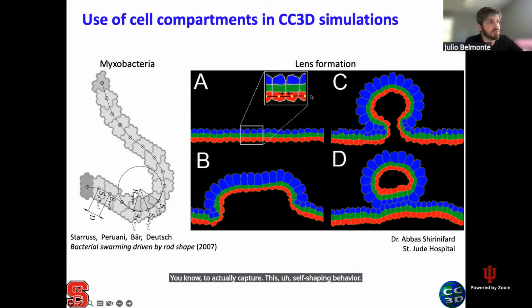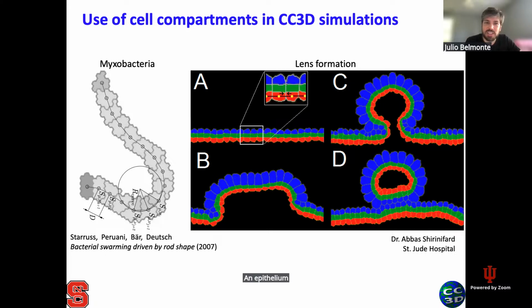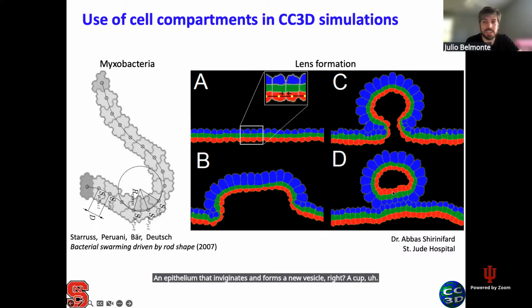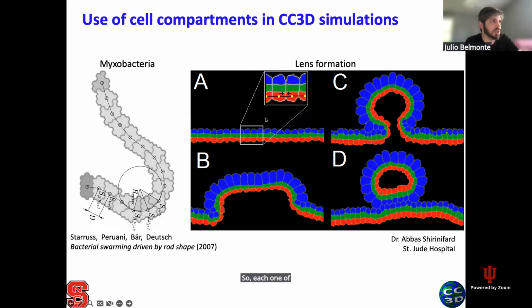Another one that we did a long time ago, Dr. Abbas Shinfrad, when he was still a graduate student with James Glazier, he used this idea to model an epithelium that invaginates and forms a new vesicle, right? A cup, an eye cup, I guess that was the idea behind this model. So each one of those cells is actually made of three compartments, right? The blue, the green, the red compartment.